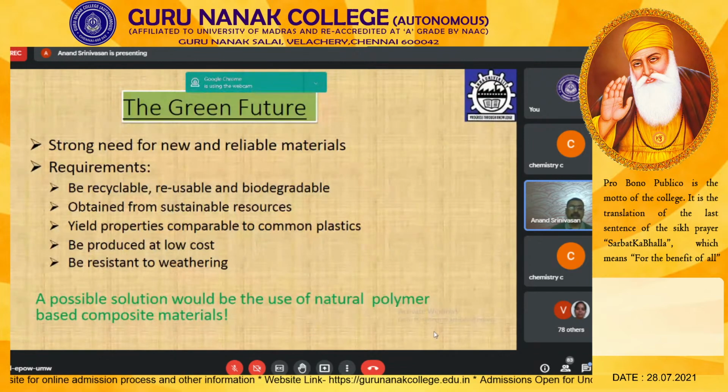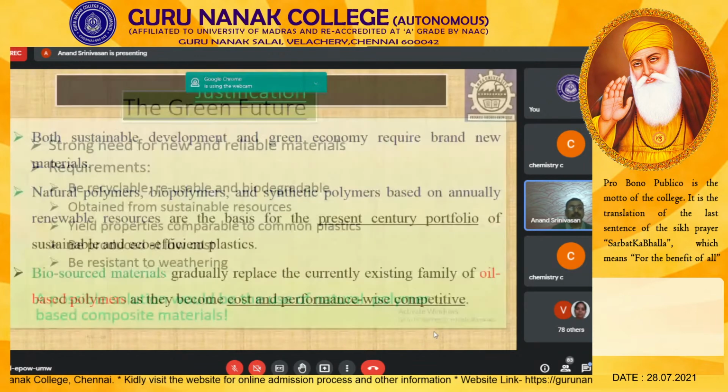Make sure that the biopolymers obtained from agricultural feedstock have properties similar to your synthetic polymers, and they can be produced at an affordable cost and be resistant to weathering. All these things can be possible by the use of natural polymer-based materials and their blends.